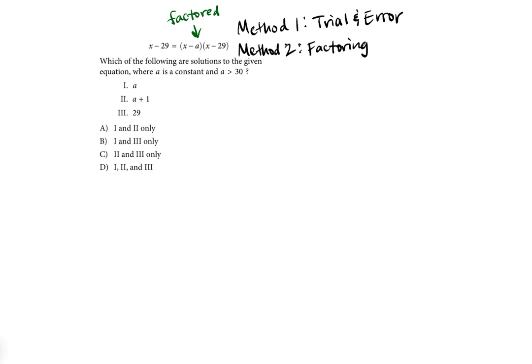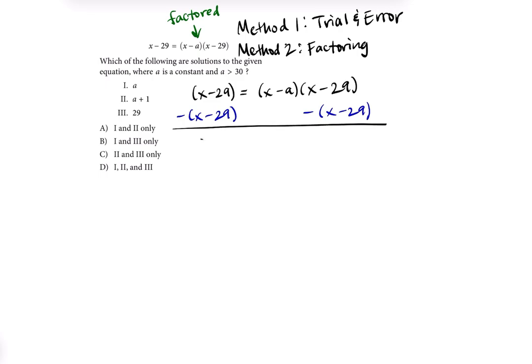So I'm going to rewrite my equation as x minus 29 equals x minus a times x minus 29. And I'm going to subtract x minus 29 from both sides. So that gives me 0 on the left equals x minus a times x minus 29 minus x minus 29.